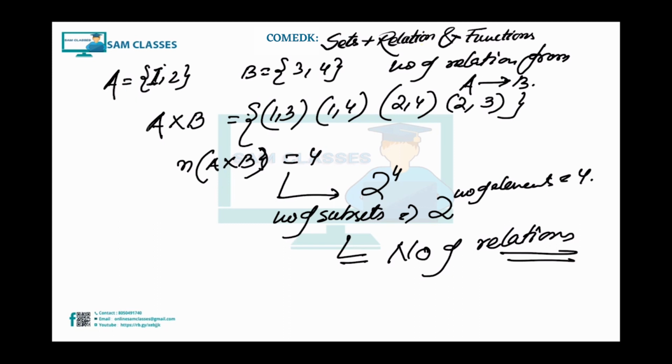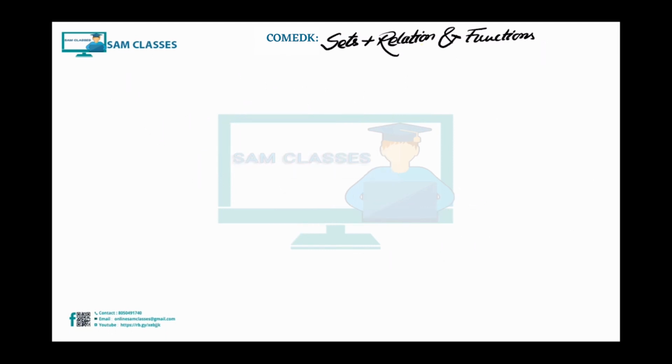Now if they give you a tricky one, instead of giving you random values, they give you x and y. The number of elements in A they gave you as x, and the number of elements in B they gave you as y. Now they are telling you to find the number of relations. So what do we do?